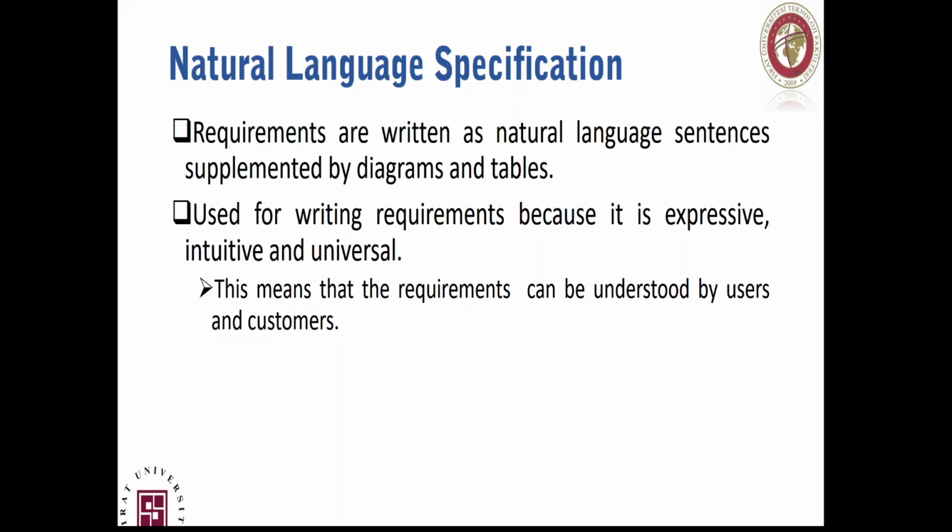That means we can express what we are looking for from the system as users request, and also as the system dictates. Also, it is intuitive. People can understand it, they can make sense of it. And universal, that means worldwide, natural language is accepted.